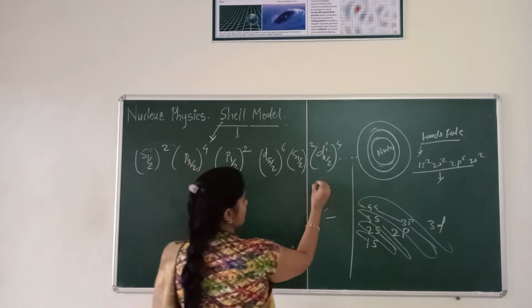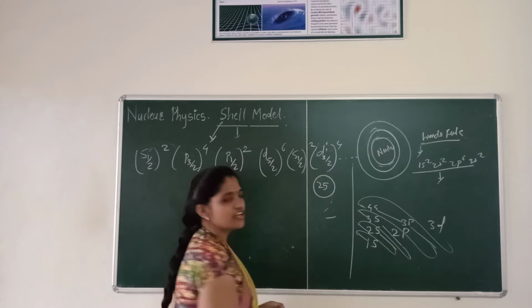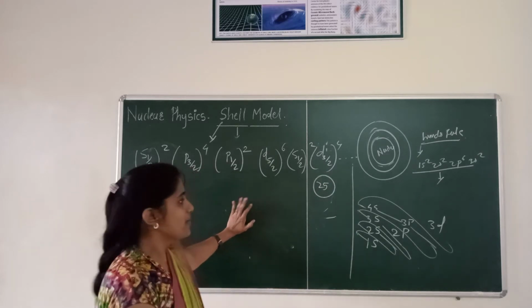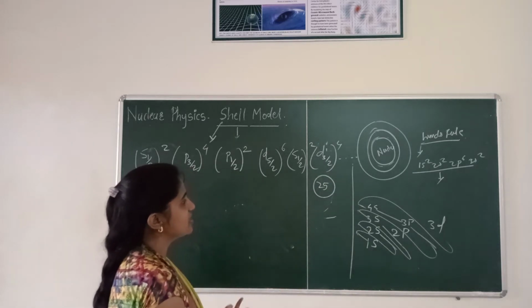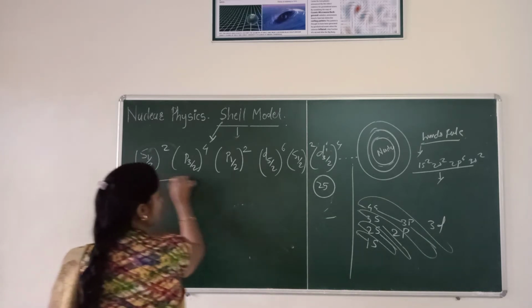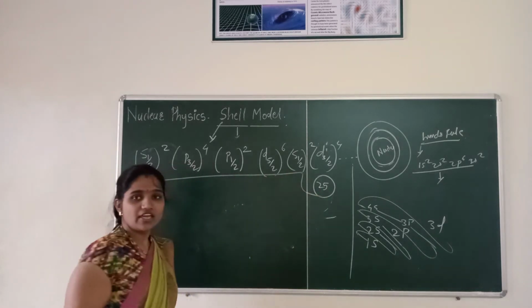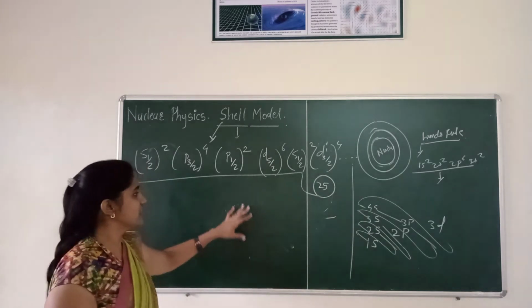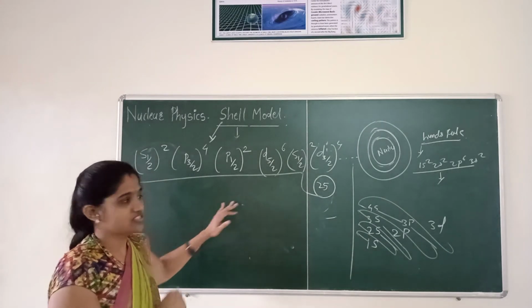There are a total of 25 terms in the nuclear configuration. When we have to write the nuclear configuration, we have to remember all these 25 terms, and only then can we write it.